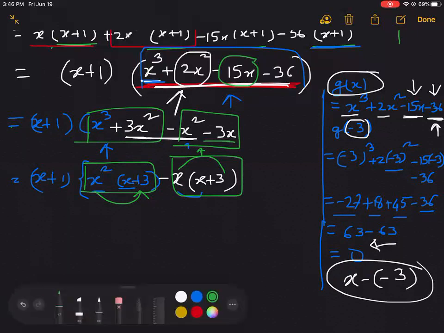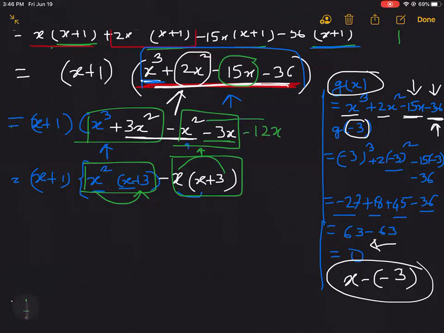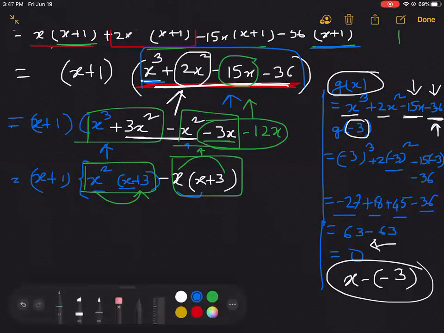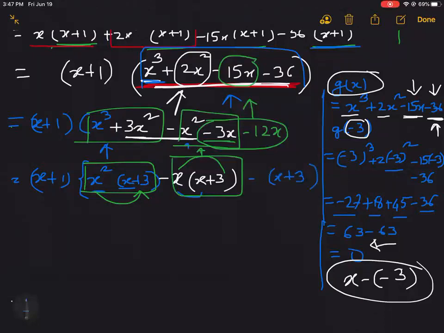So I need to add 12 more, right, to make it 15. And you see what I'm doing here? And once again, I'll factor out x plus 3 from it, and factoring out x from this will in return give me 12, and this 12 and 3 will give me -36. That's what we had.